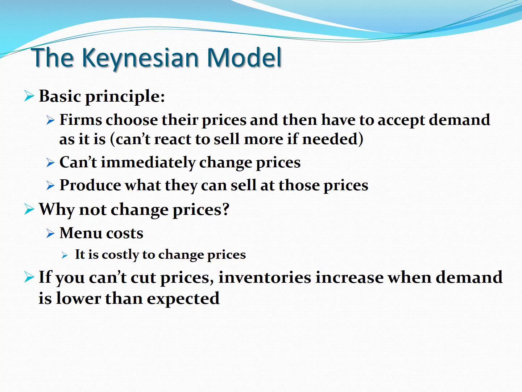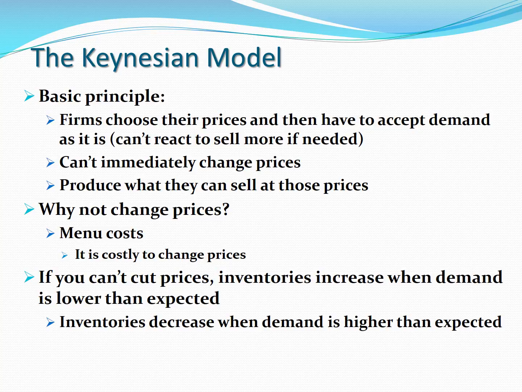And when they don't sell, inventories increase. Now businesses are going to see that and react accordingly. They're not just going to continue to ramp up production and keep on producing more and more stuff as they're failing to sell it and their inventories are increasing. Businesses will monitor their inventories, and if their inventories rise, they're going to slow production, lay people off. Conversely, if their inventories fall, they'll be able to hire some more people and increase their production.